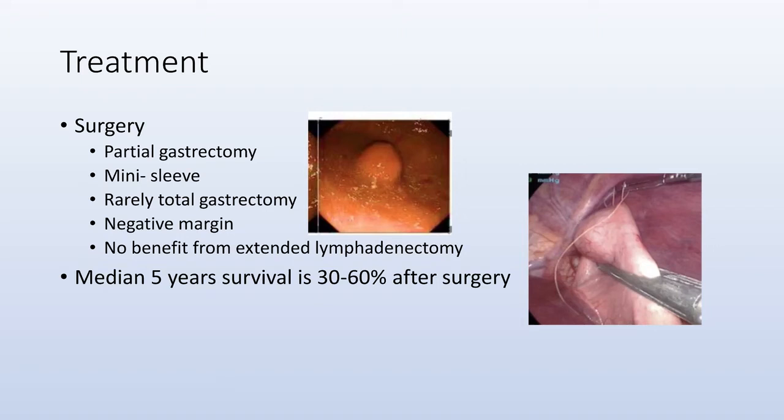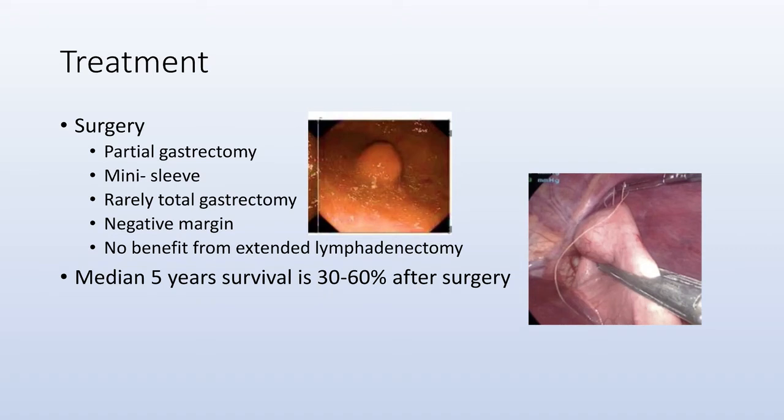The reason total gastrectomy was chosen is that these tumors are aggressive and have a very high risk of recurrence. The patient did well, I'm glad to report, and now she is 4 years down the track with no evidence of recurrence. She went on adjuvant treatment, which we will highlight in the next one or two slides.